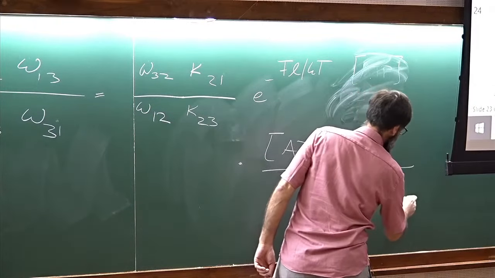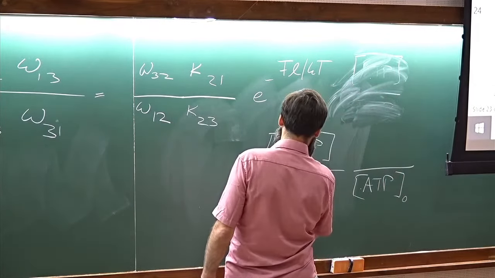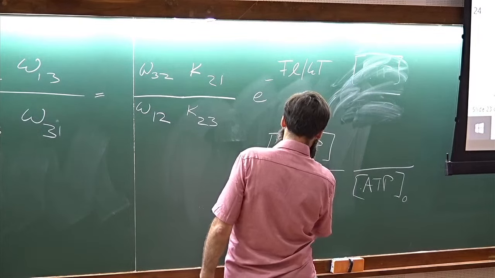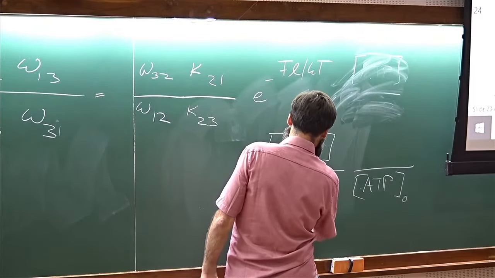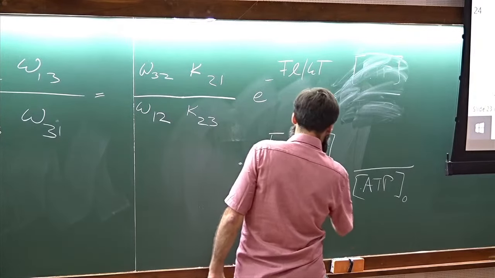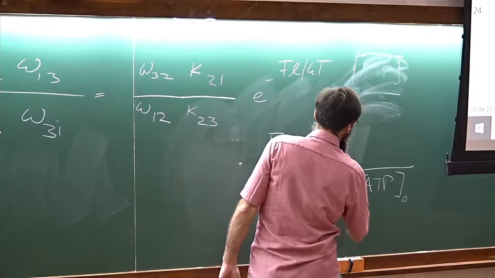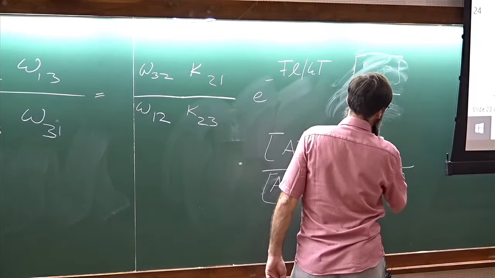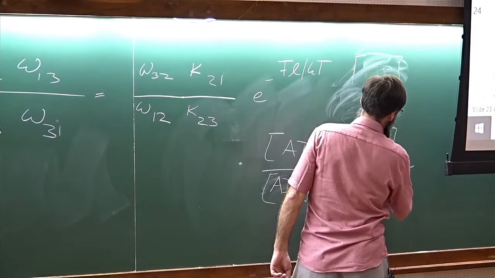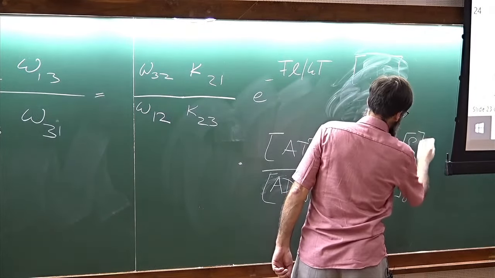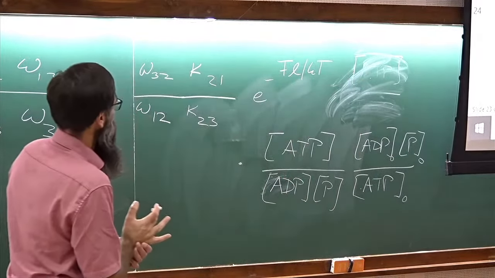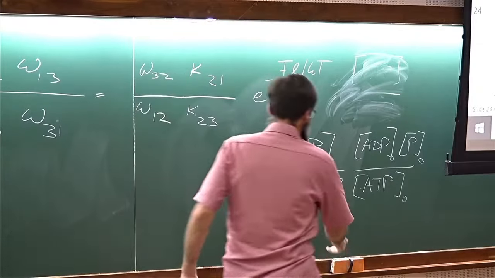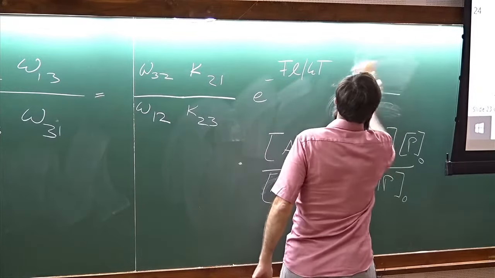Let me sort this in a way, and here I have ADP and phosphate, and I have ADP 0 and phosphate 0. Okay, and this is not here anymore.